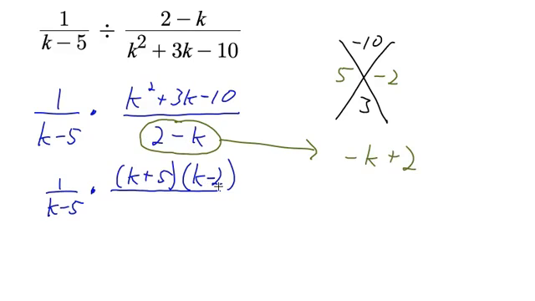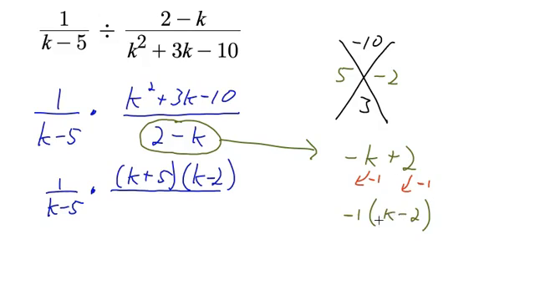And we notice that k minus 2 is the opposite of negative k plus 2. Let's go ahead and factor out a negative 1 from both of these terms. That negative 1 comes out front, leaving us with a positive k and a negative 2. So this expression here is equivalent to negative k plus 2.